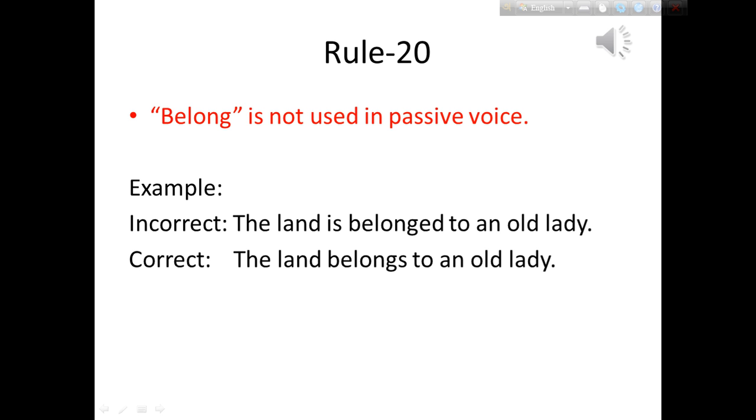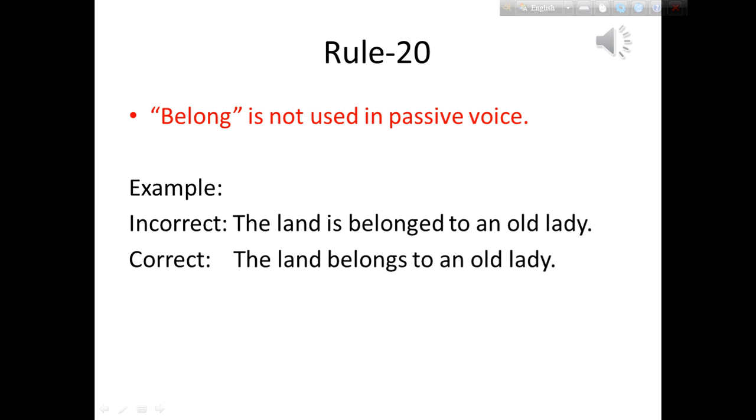So whenever talking about an object, the meaning will be the property of somebody. So the rule says belong is not used in passive voice.